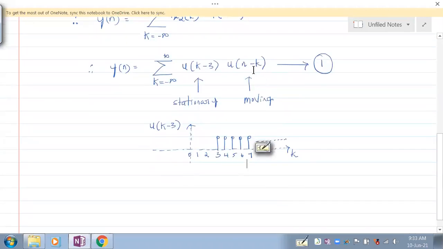So can you tell me what is u of n minus k now? Let's understand that. Everybody just see that; I'll be drawing that for you. I'll write u of minus k first.